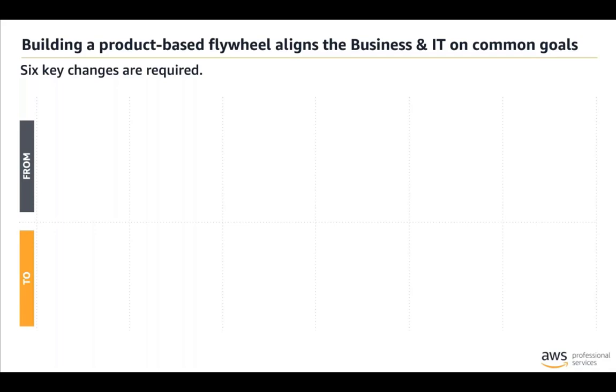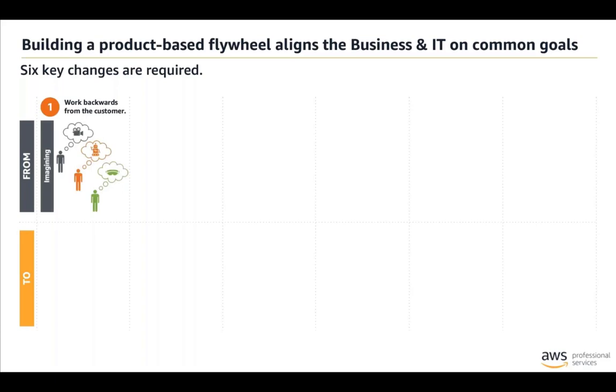Number 1, work backwards from the customer. Most companies make guesses or inferences about what their customers want. They imagine and they have hunches or feelings about what customers are looking for. Unfortunately, this increases the odds of being wrong. If we want to be more customer-centric, even customer-obsessed, we need to move from imagining to knowing.